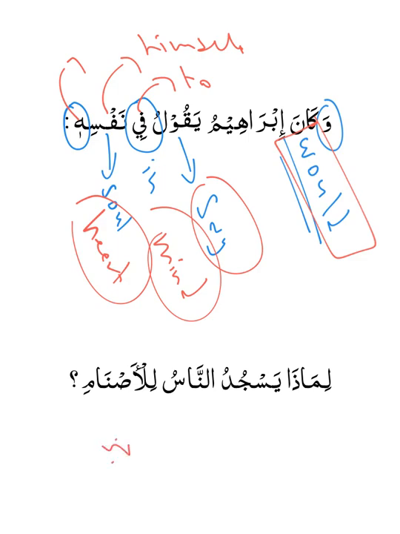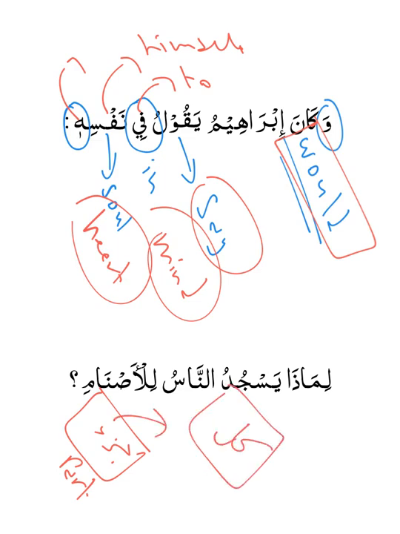Juz basically means part of a person. Juz means part. You describe someone by a juz. The kul means the entire. You describe the kul, the entirety of something or someone by using a juz, like the word nafs here. So, and Ibrahim alayhi salam would say, fi nafsihi, to himself.